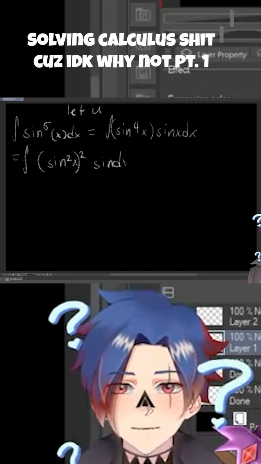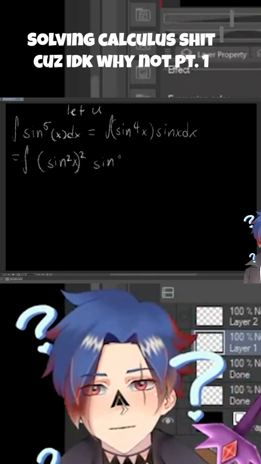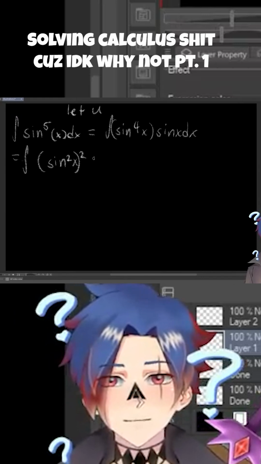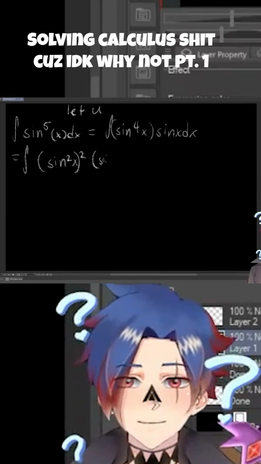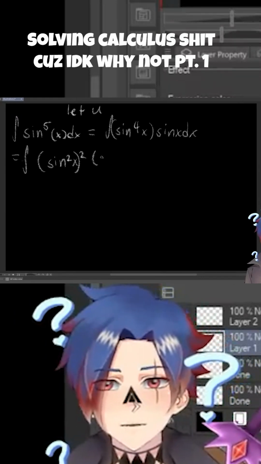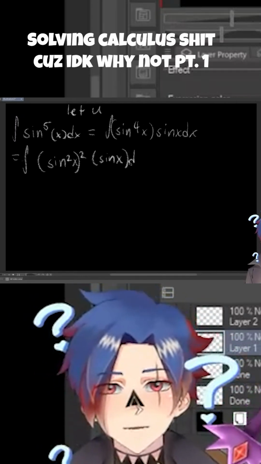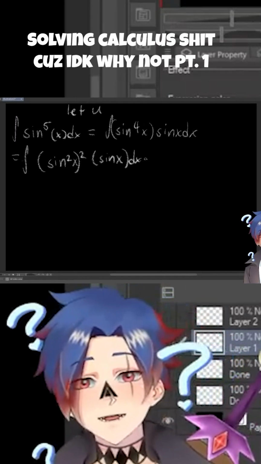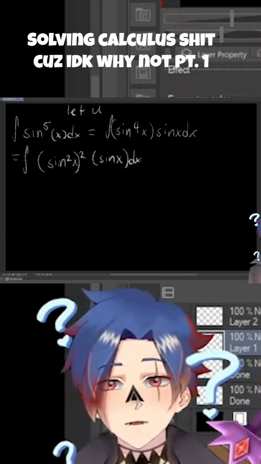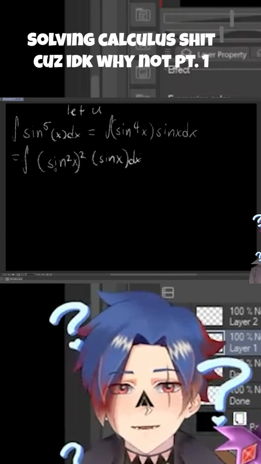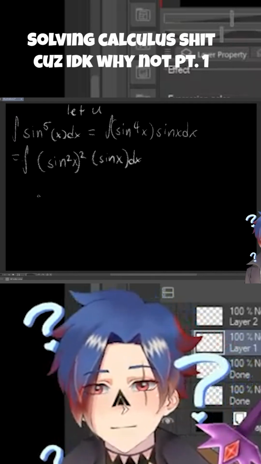So this is looking like sine^2 x squared times sine x dx. That itself is something we could work with because this is actually an identity. This is a trigonometric identity for a circle.